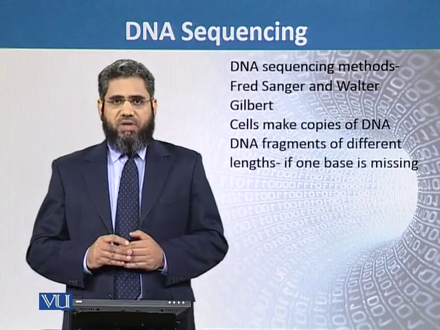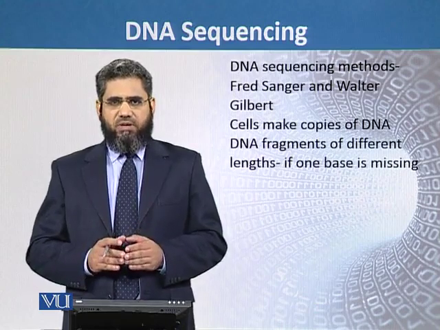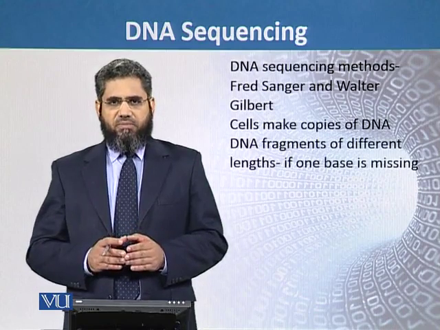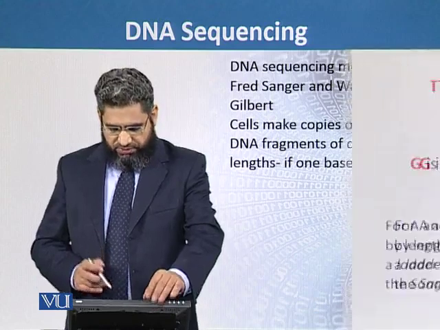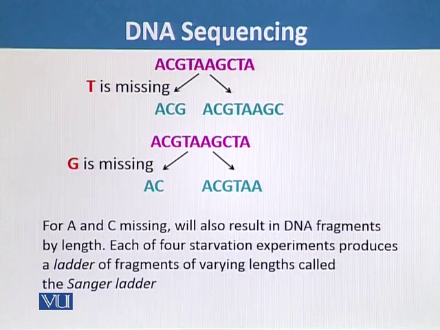By doing so, he would get different sizes of fragments, and then he could sequence all those fragments and find the actual sequence of the unknown fragment. Sanger discovered that he could produce fragments of different sizes.